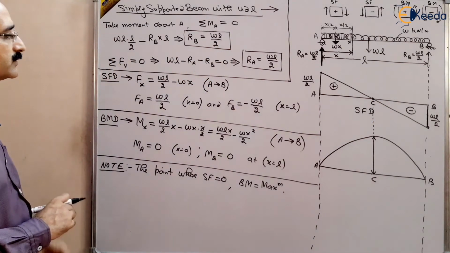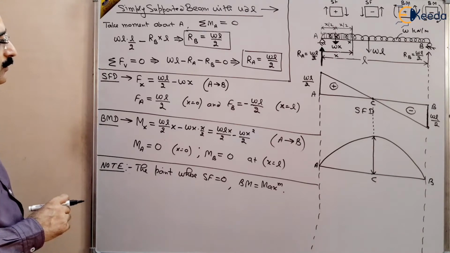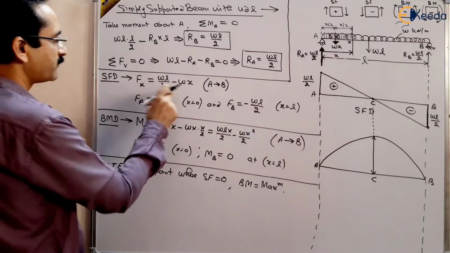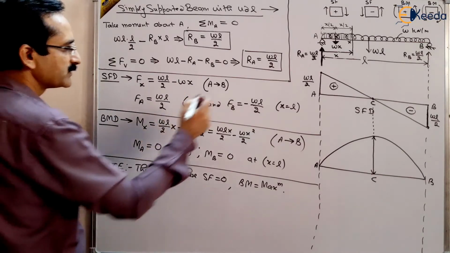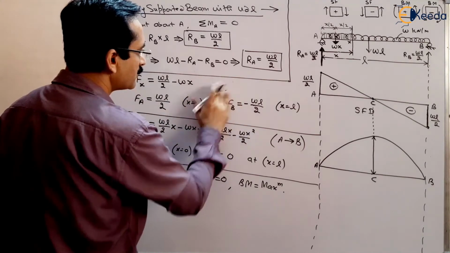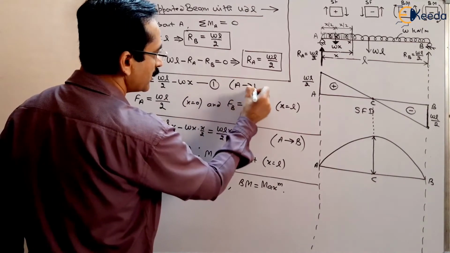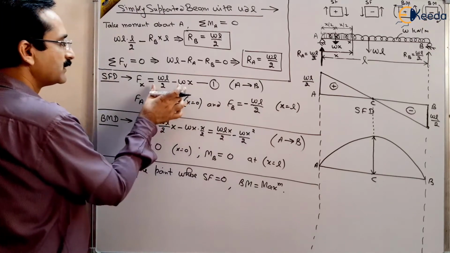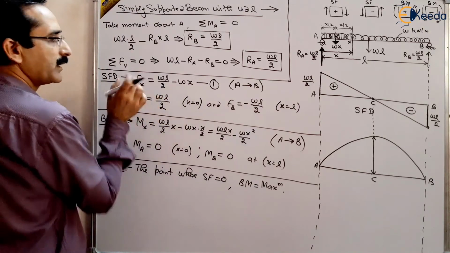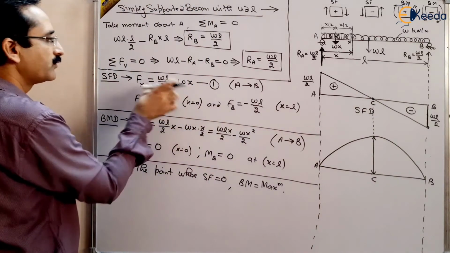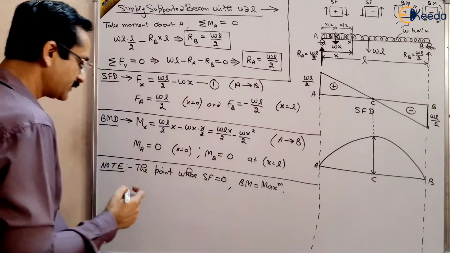Suppose this is equation number 1, from A to B. We want the point where shear force is 0, so put this value 0, and you will get the value of x where shear force will be 0.